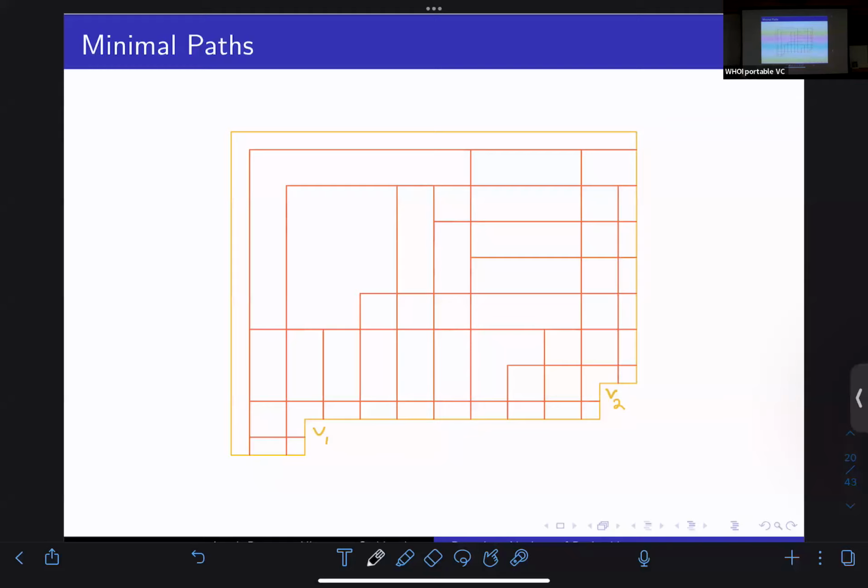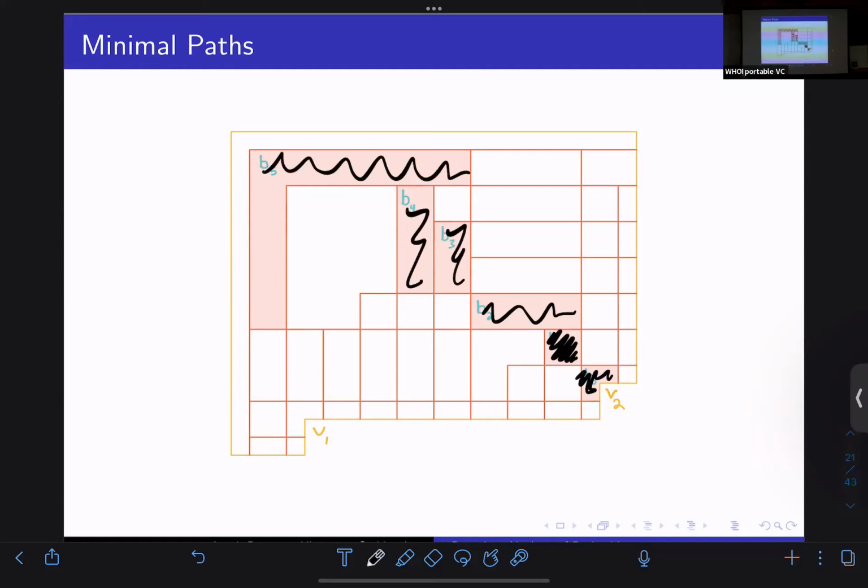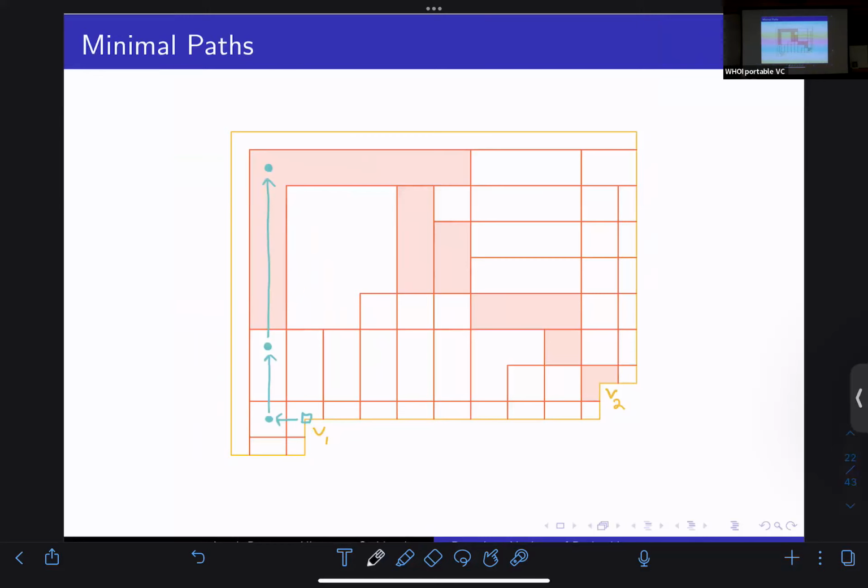And first thing I'm going to do is I'm going to color some boxes. I'm going to color the box of v2 first, and then I'm going to go to the top left box, and I'm going to do it again and again and again until I've colored all these boxes, and I'm stopping when I'm above v1. Now, since I stopped above v1, I have a path from v1 to the last box I colored in that has no descending arrows.